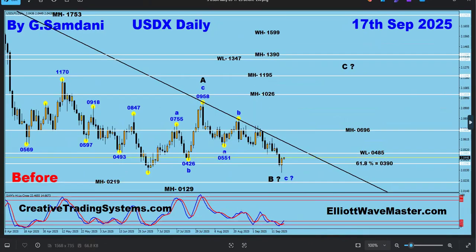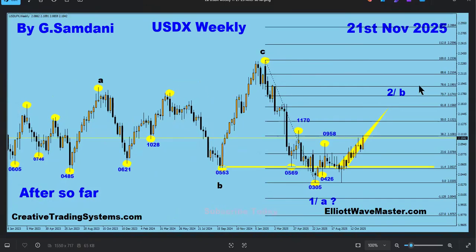Now, at the same time, I made the daily chart looking like this, elaborating a little bit the bottom of this down move. So this is A, B, C, A, and then A, B, C, B, and I'm expecting this C correction around 61% of the drop, which is around 1370, 1347 or 1390 on this weekly chart as well.